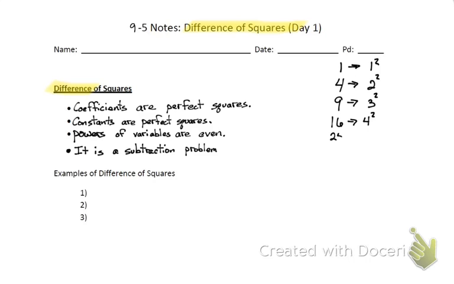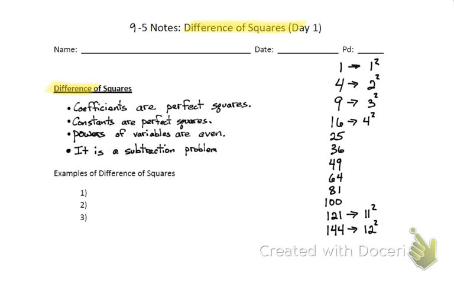We have 25, 36, 49, 64, 81, 100, and then these are the ones that a lot of people don't know real well. 121, because that is 11 squared, and 144, because that's 12 squared.